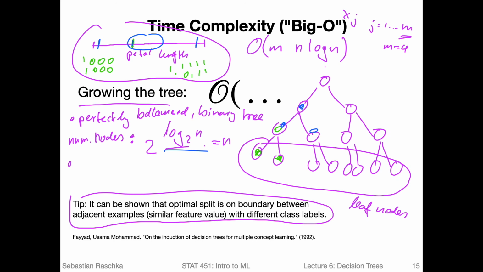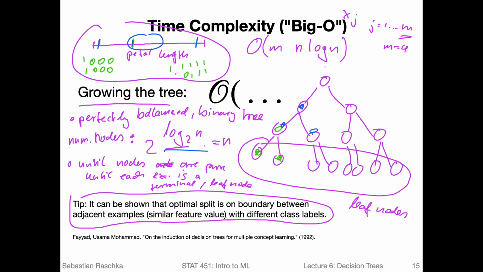We grow the tree until nodes are pure. In this case even more, until each training example is a terminal or leaf node.